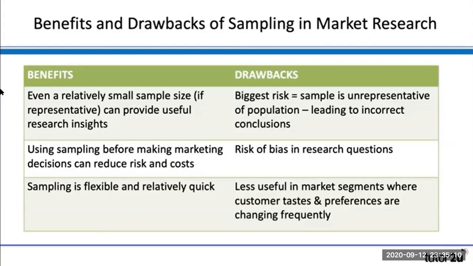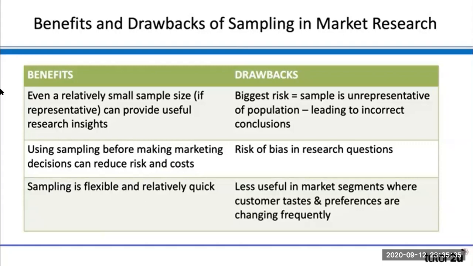Starting with the benefits of sampling. Well, clearly, if the population is large, sampling is a necessary activity, isn't it? You can't practically gain research from a very large population. So in many ways, it's an essential part of research, but it's also pretty flexible, relatively quick to do, depending on the size of the sample.